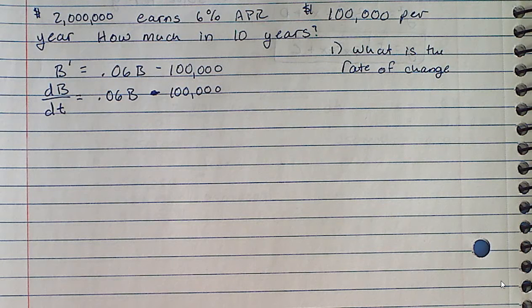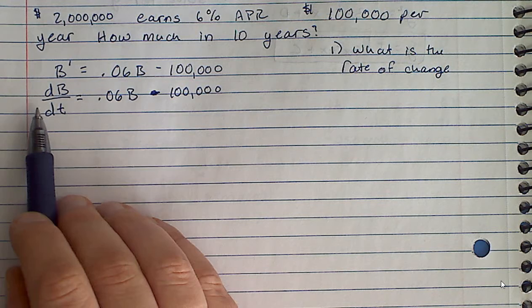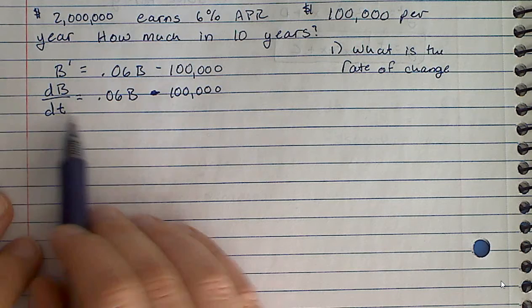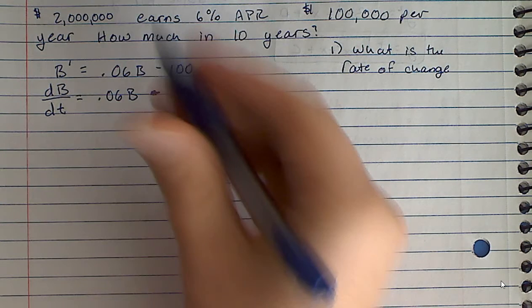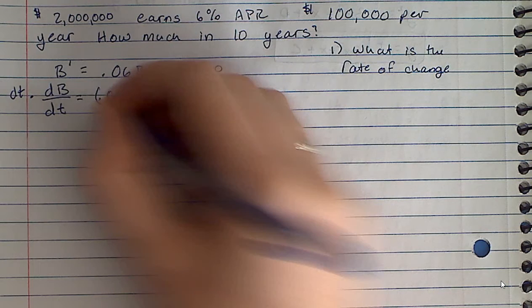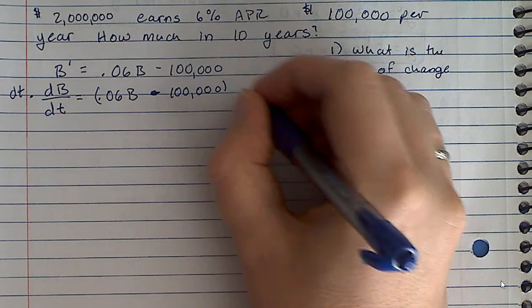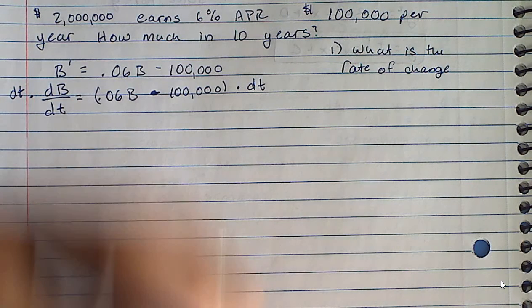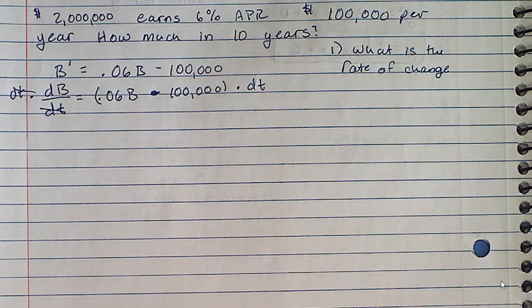Okay? And now, we are going to need to get all the B's and dB's on one side, and all the t's and dt's on the other side. Now there's only this one dt, so I'm going to multiply both sides by dt. I'm going to leave these in parentheses so that when I multiply by dt, they're protected from it. The dt's will cancel from the left-hand side.